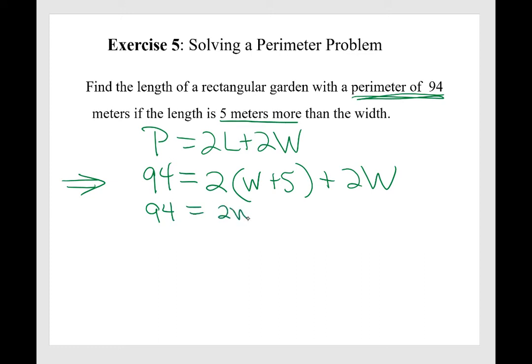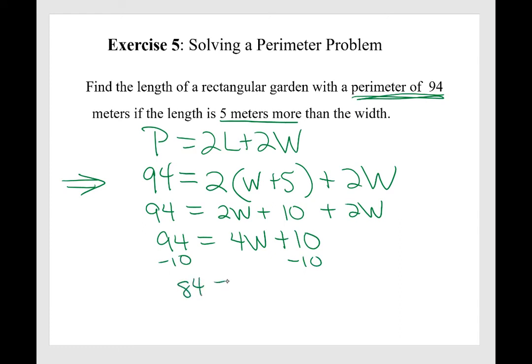All right, so I'm going to solve this equation first by getting rid of those parentheses, and then I'm going to combine my like terms. So there is my simplified equation, 94 equals 4w plus 10. I'm going to isolate the variable term, so I get 84 equals 4w, and then I'm going to isolate the variable itself.